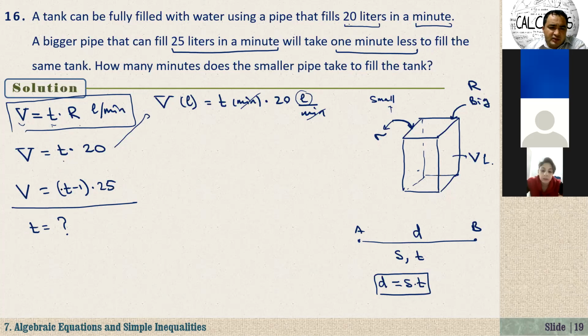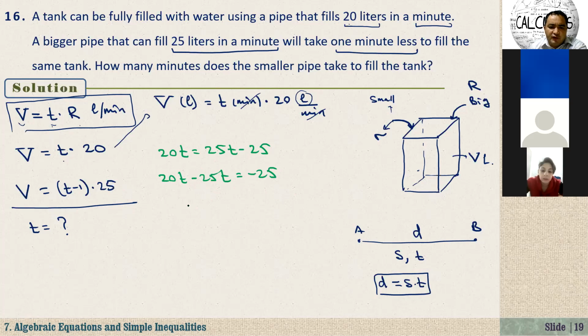So again, as you see, the equations are similar. Left-hand sides are equal. So we have to solve this equation. T times 20, here we have 20T equals, on the right-hand side, 25 times T minus 1, 25T minus 25. Now take 25T to the left-hand side. Here we have 20T minus 25T. On the right-hand side, we have negative 25.